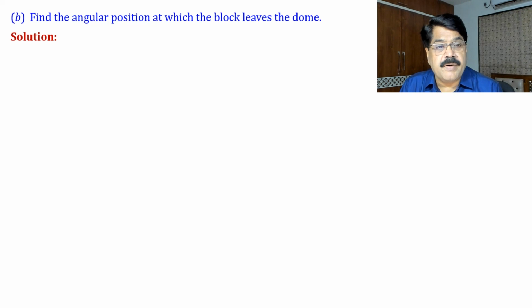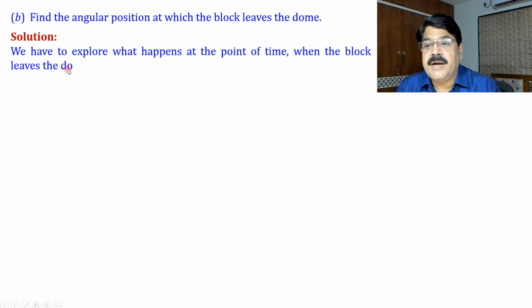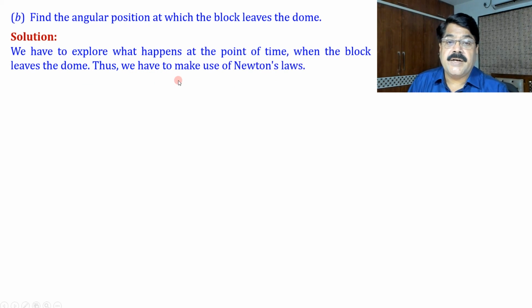So wherever a body displaces, a space interval is given, and we have to relate that space interval with change in speed, we use the work-energy theorem. For this purpose, we have to use Newton's law because we have to explore what is happening at the moment when the block is leaving the dome. So we have to explore what happens at the point of time when the block leaves the dome. Thus, we have to make use of Newton's second law.